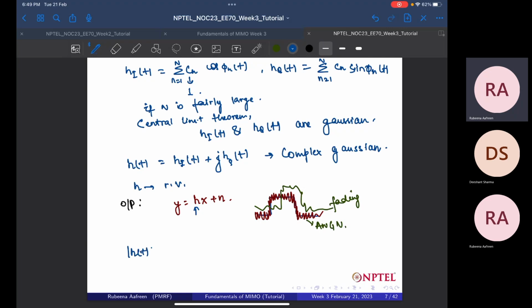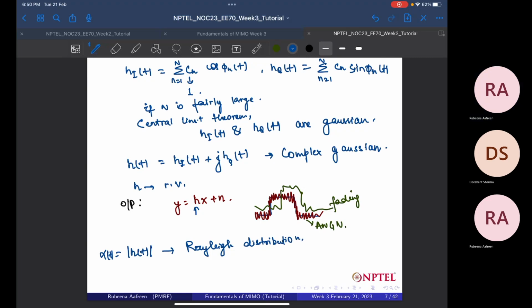Now this envelope of s(t) is Rayleigh distributed. And alpha square t gives the power profile. This gives the signal strength.